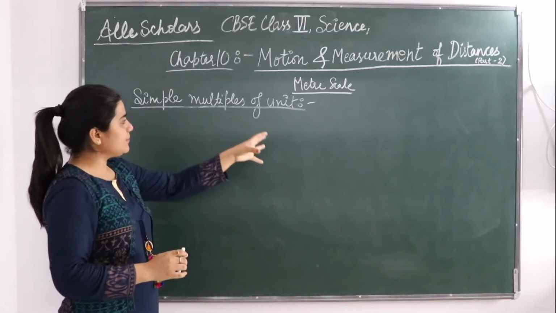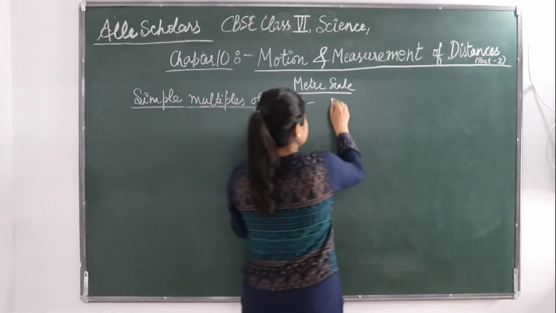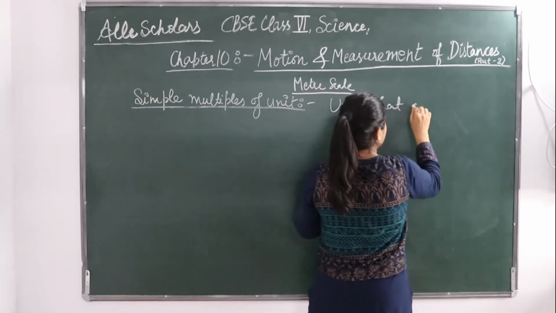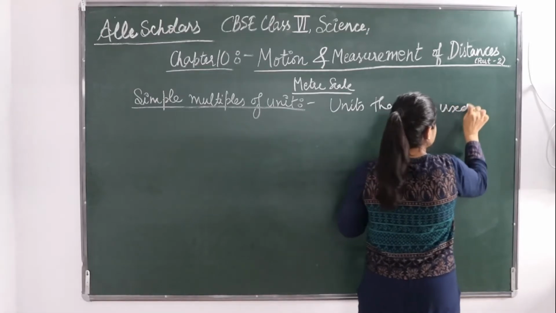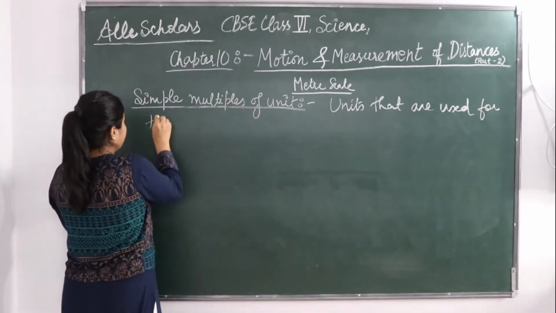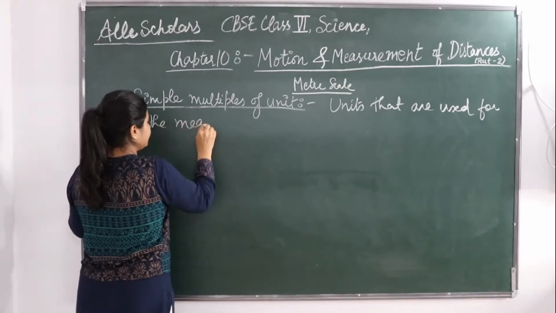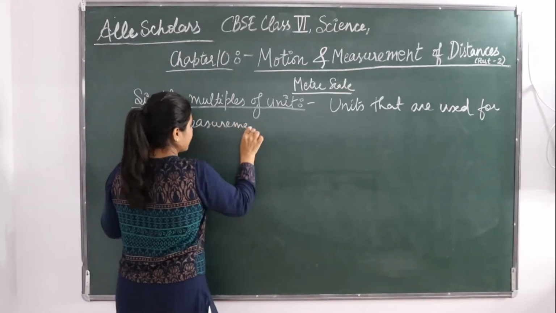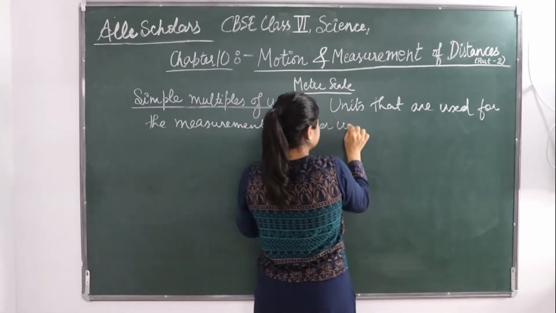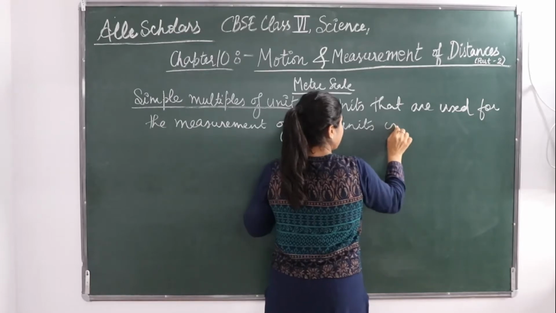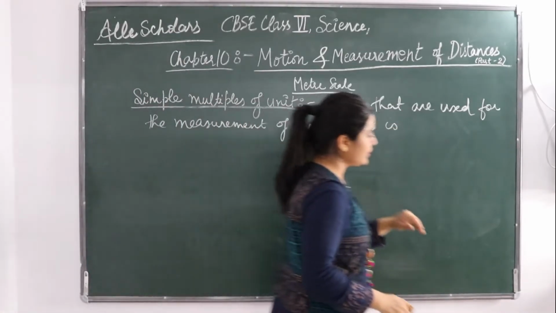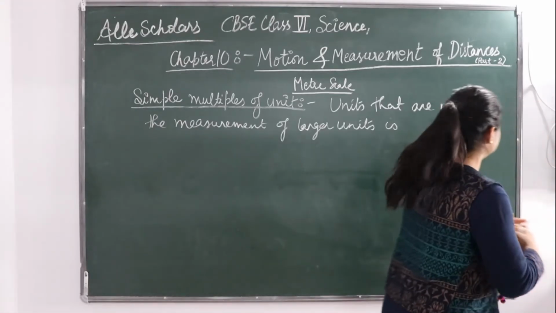So simple multiples of units means the units that are used for the measurement of larger distances.